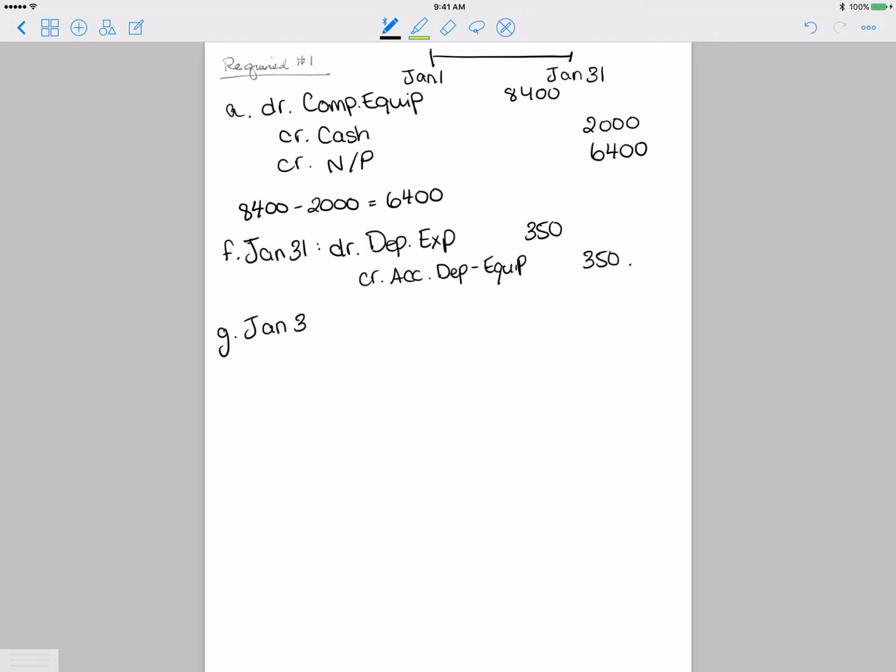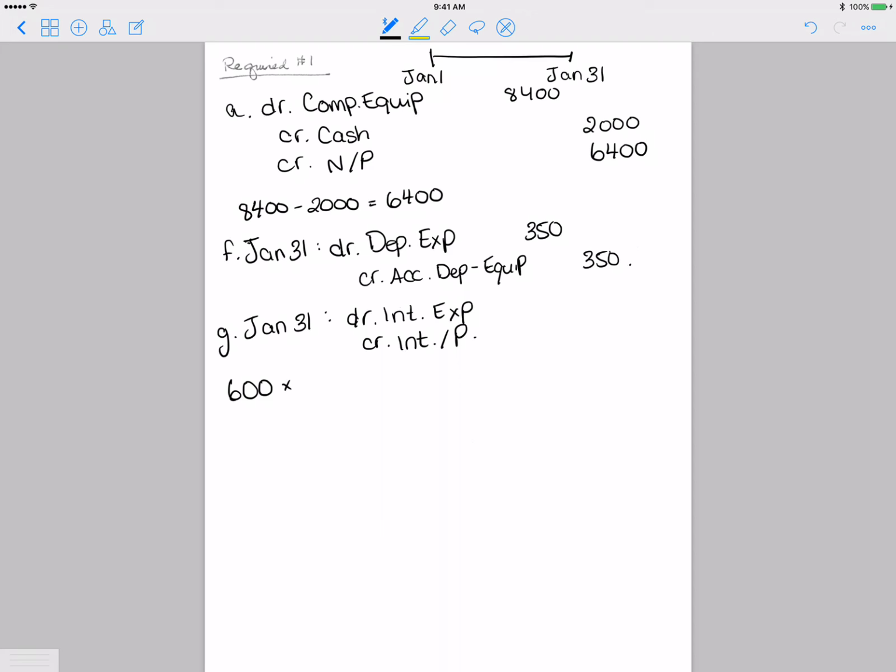Now, we also know that at the end of the month, we've accrued interest on the note payable we took out January 1st. Therefore, we need to consider how much. So we have interest expense, and then we also need interest payable. To figure out how much, they tell us that for the year on this 1-year note, there's $600.